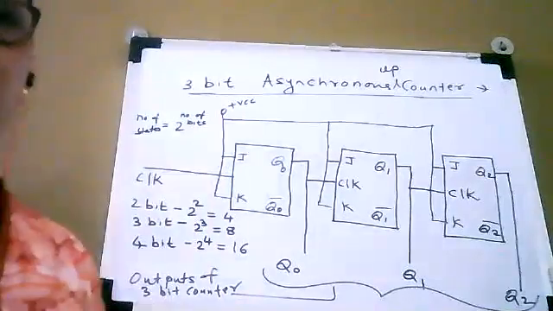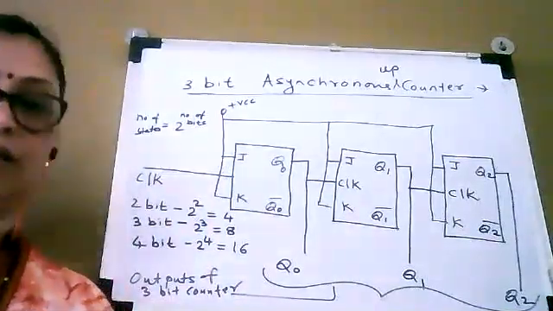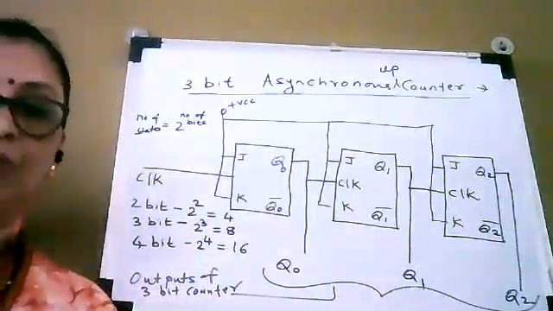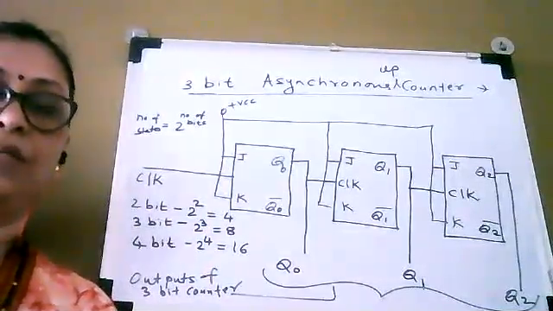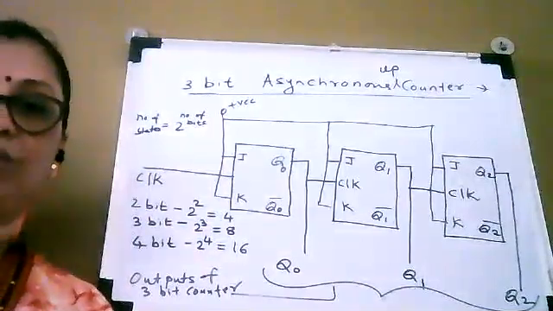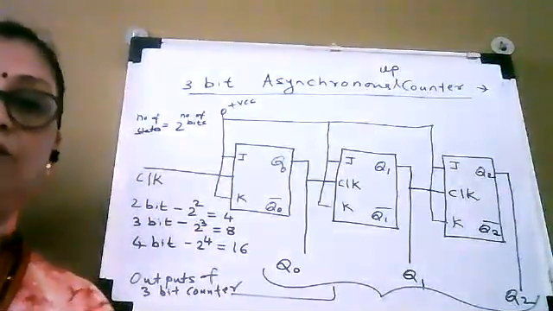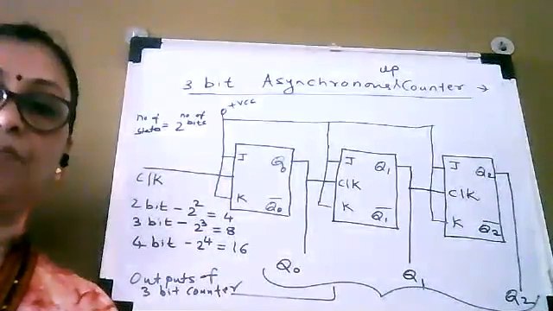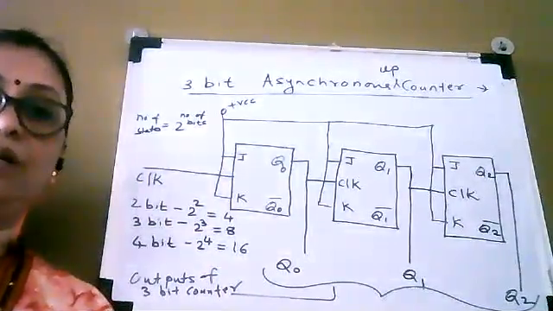So this is important. Write it down or take a screenshot because this is important from your examination point of view and basically for MCQ type of questions. Okay. Now let us see what the up counter is.